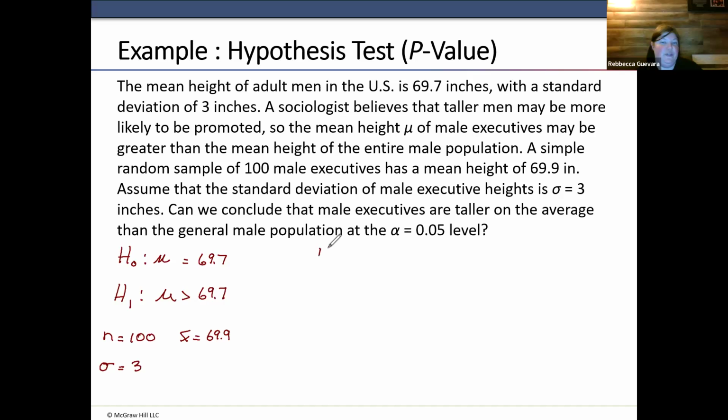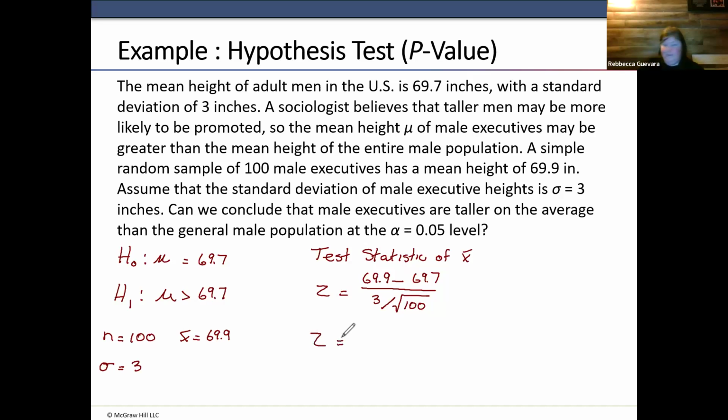So we need to first find a test statistic. And as always, it's a test statistic of the mean, our sample mean. So our sample mean is 69.9. The mean from our hypothesis test is 69.7. The standard deviation for male executives' height is 3 inches, and my sample size is 100.